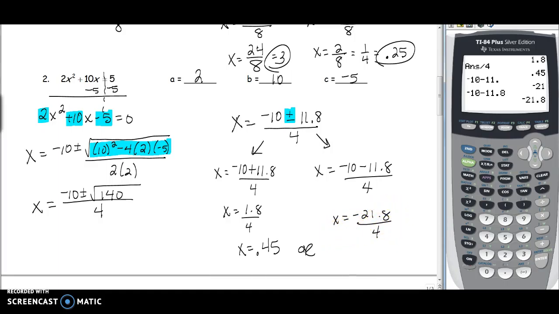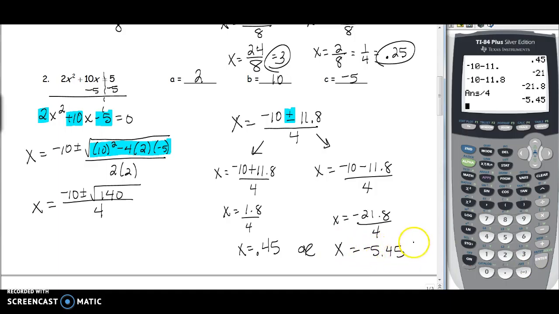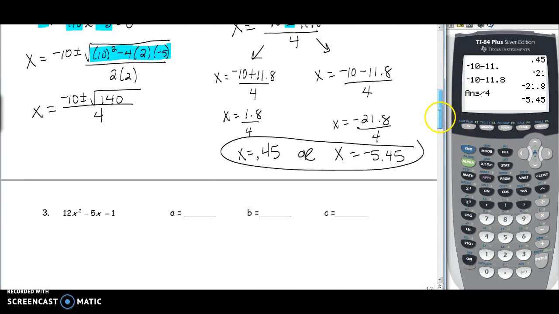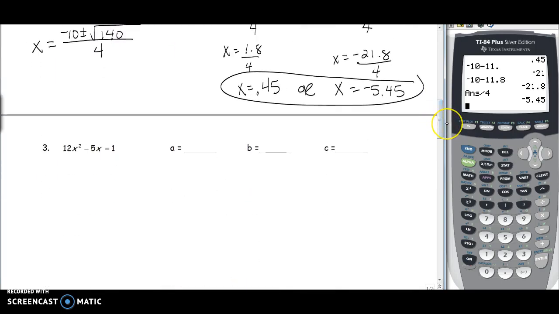And then if we divide this by 4, we get x can also be negative 5.45. So these would be your two answers. I've got one more problem for you, and then we're going to do the in-class practice. Or you're going to do the in-class practice.